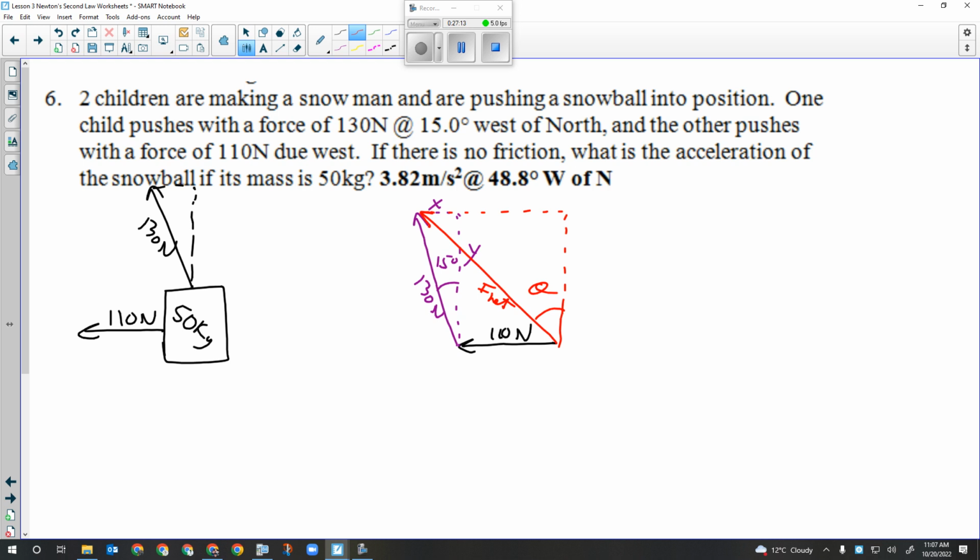All right, so now I've got to calculate my F net, which means I have to do vector additions. So I've got to find the x and y components of all my vectors. The x component of this one is 110 newtons. The y component of the black one is 0. The x component of the purple triangle is the opposite side, so I'll go sine of 15 times 130.